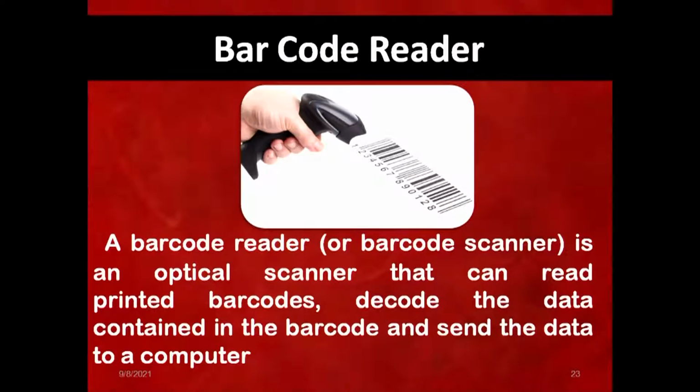As you can see here, the lines are a combination of black and white bars. The barcode reader reads those bars and saves the information related to the bars.